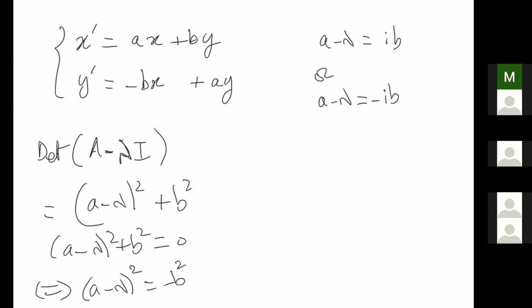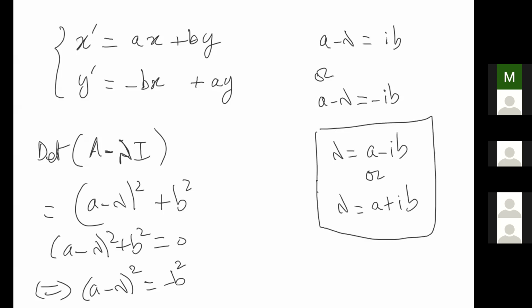Which gives lambda equals a minus ib, or lambda equals a plus ib. Again, the eigenvalues are complex and conjugate because I consider here only real matrices.